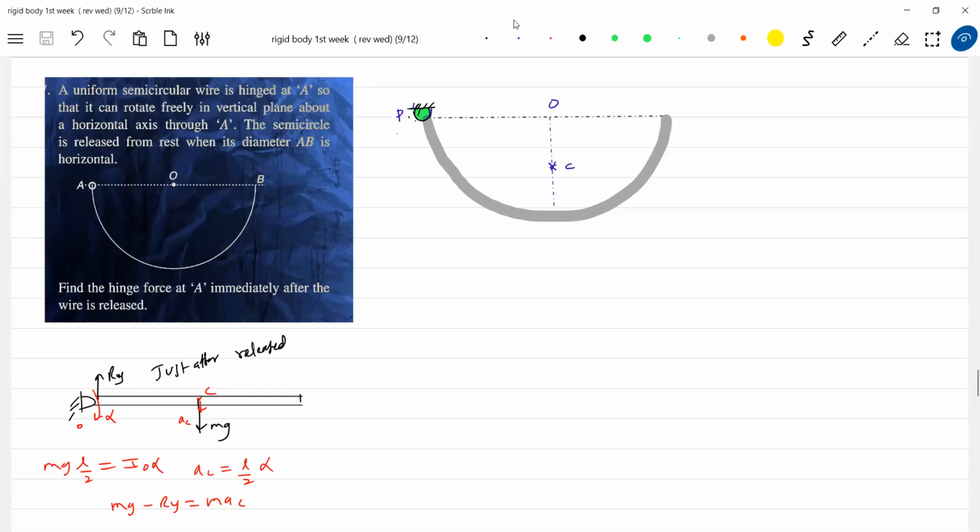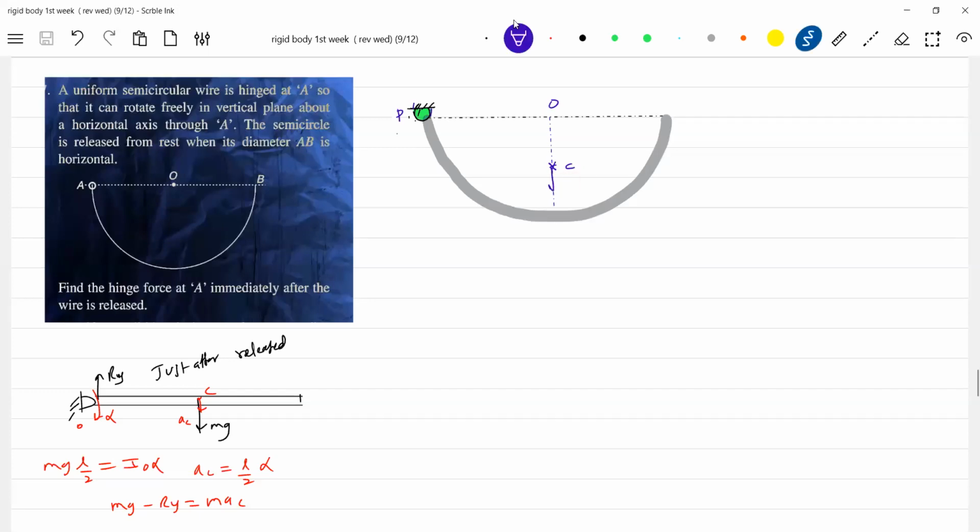Sir, mg by 3 pi under root of pi square plus 16. Oh, that much is not there. Okay, we'll see. Anyway, you try. Okay, fine, good.